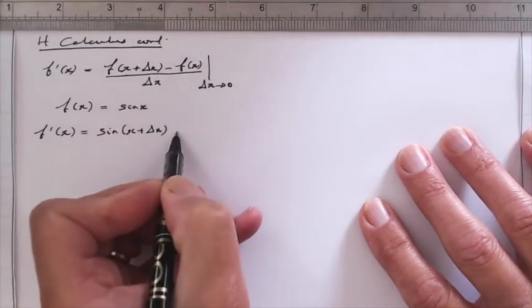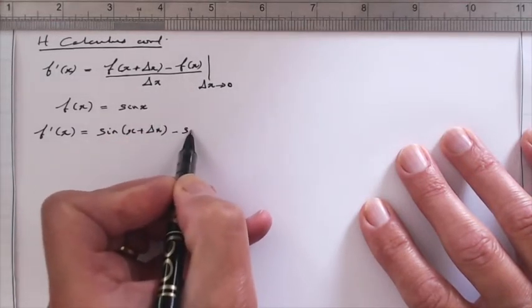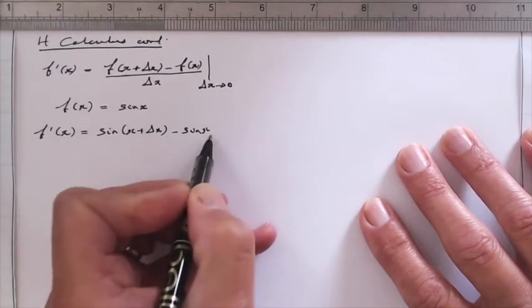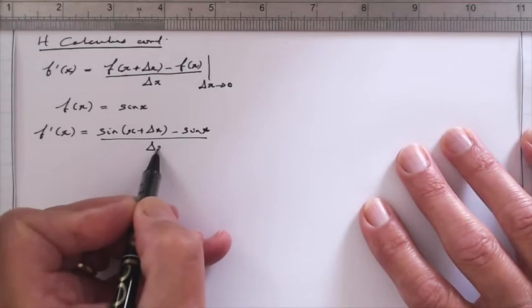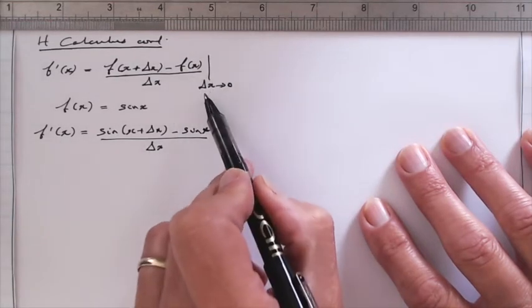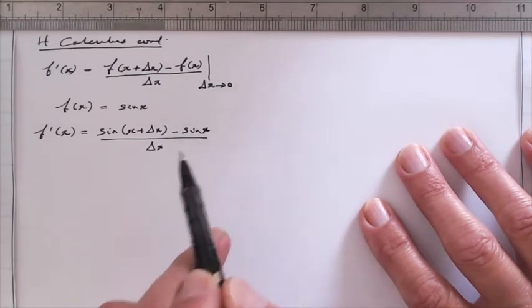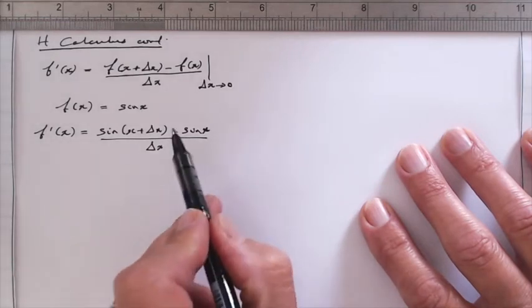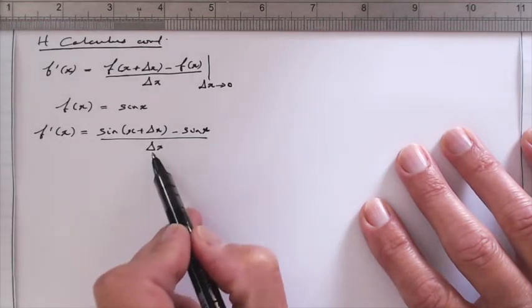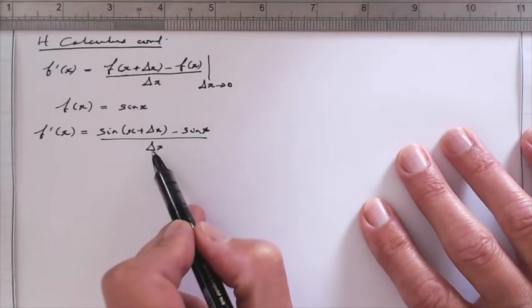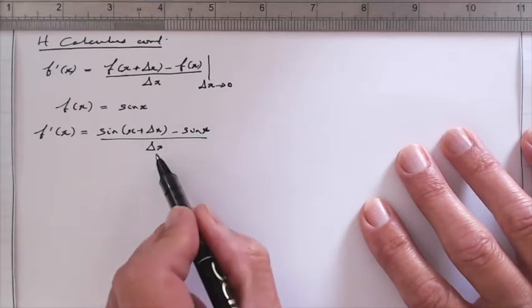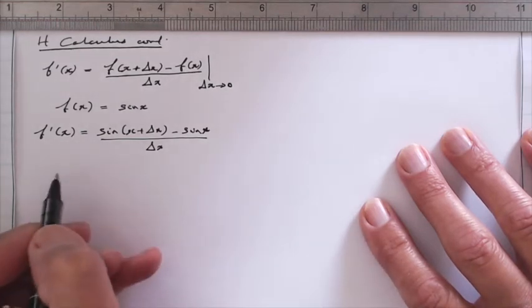And then take away f of x, which for us is just sine x. And then all divided by delta x. And I'm not going to keep writing this bar delta x going to 0, but we'll just implicitly understand that we're interested in arbitrarily small delta x, and eventually we want to take delta x strictly to 0 and see what's remaining, and what's remaining will be our derivative.